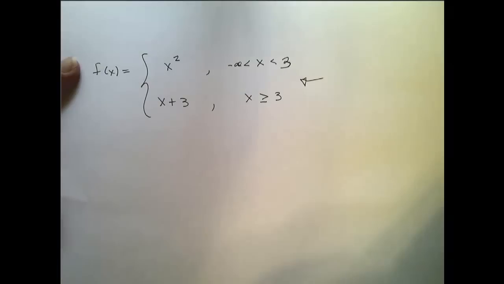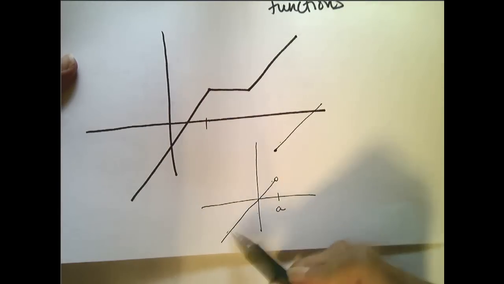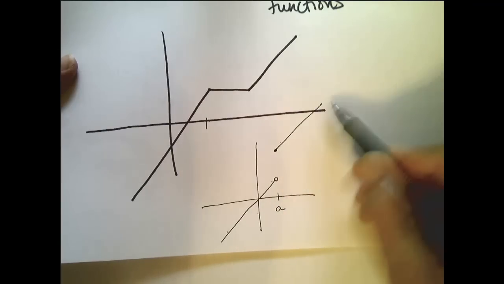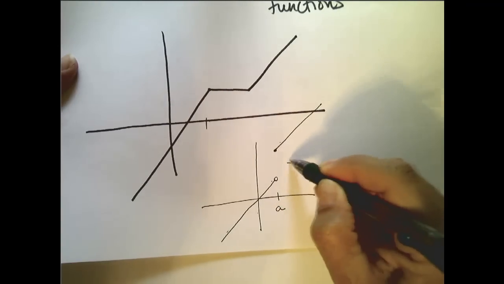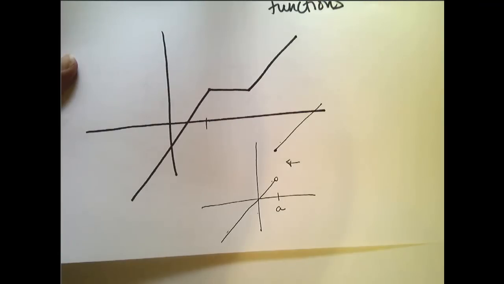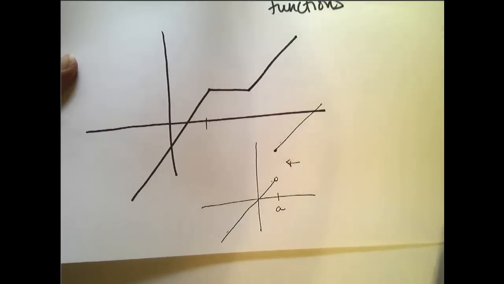Because in this example right here, this was a line which is continuous everywhere on its domain. This is a line that's continuous everywhere on its domain, yet they had a problem at the place where they changed definitions. They split apart, or they aren't connected graphically.